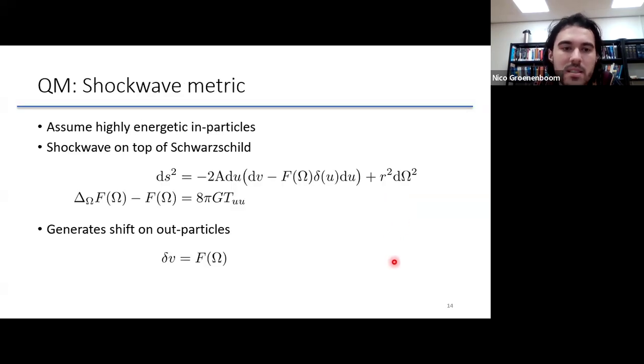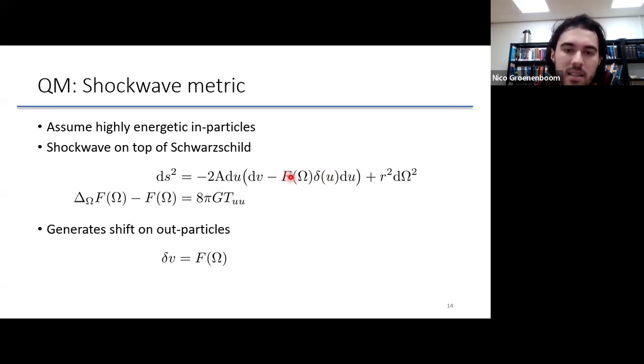So in his setup, we will consider highly energetic in particles because they will be close to the horizon. And then these in particles generate a shock wave on top of the Schwarzschild background. So the metric is given by the Schwarzschild background, but there's an additional component which gives a shock wave where the in particle will be extremely close to the horizon. So it's close to the U equals 0 hypersurface.